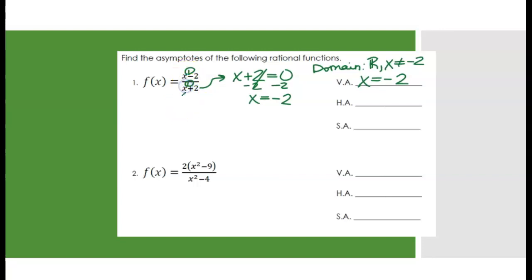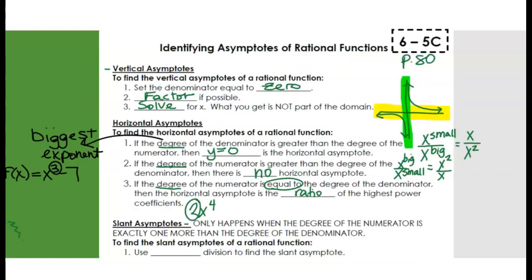They are the same. Those powers are equal. So would that be case 1? No. Case 2? No. Case 3, because the degree of the numerator is equal to the degree of the denominator.